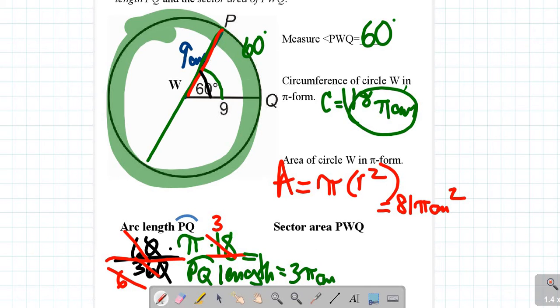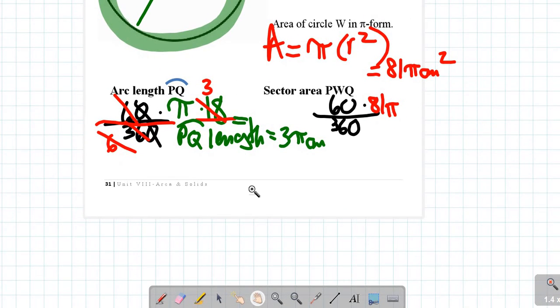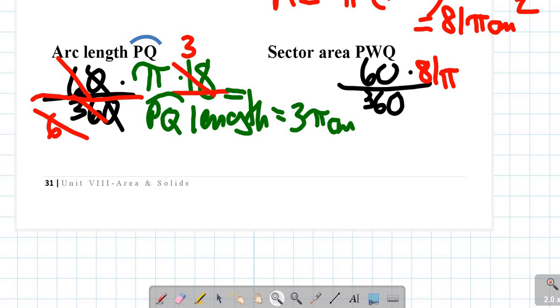Okay. Sector area is a fraction of area. This is, of course, 60 over 360. And we already have 81 pi. Kill the zeros. 6.